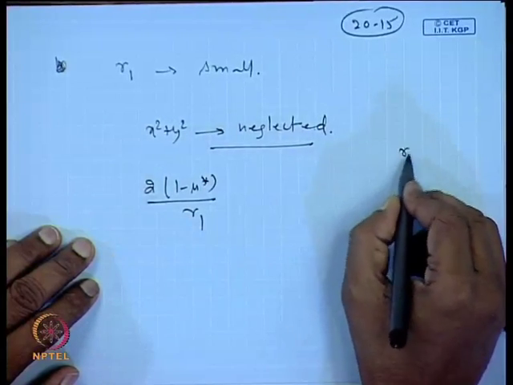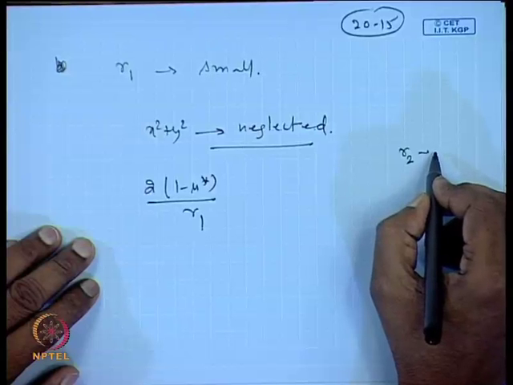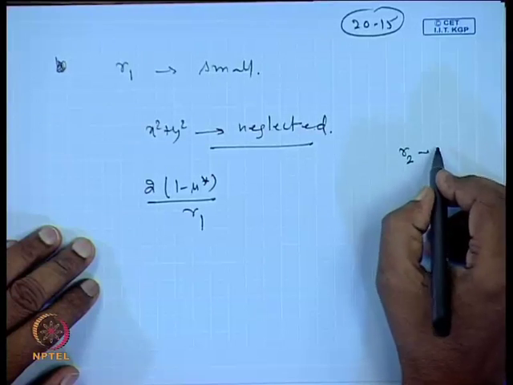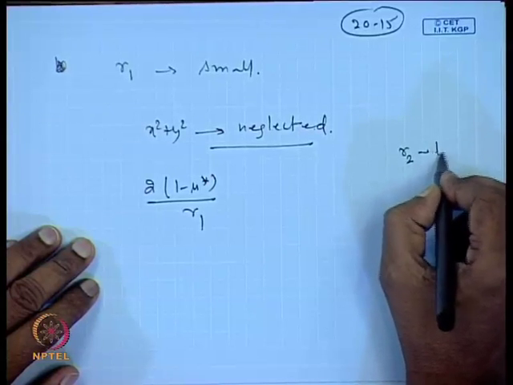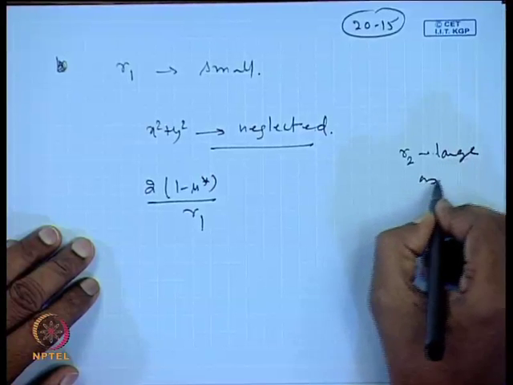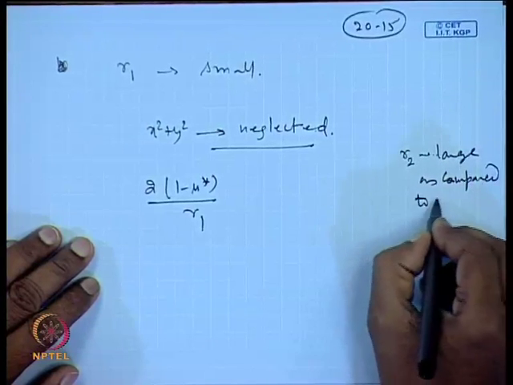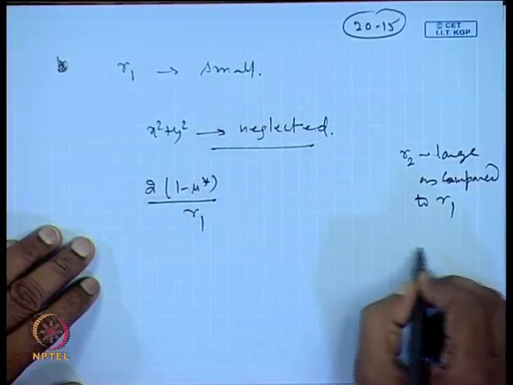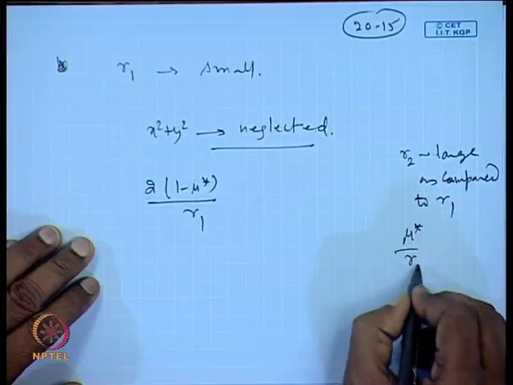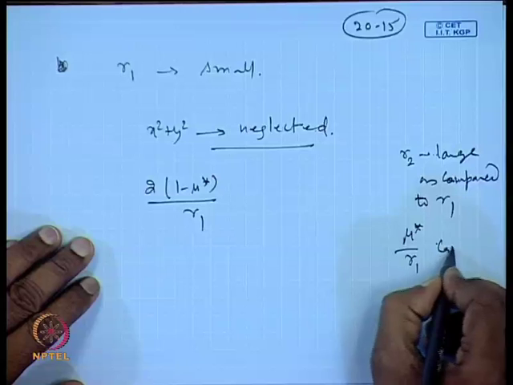Also R 2 is large, now it is around the value of say 1 or little less than 1. So, R 2 being large as compared to R 1, mu star by R 1 can be neglected.